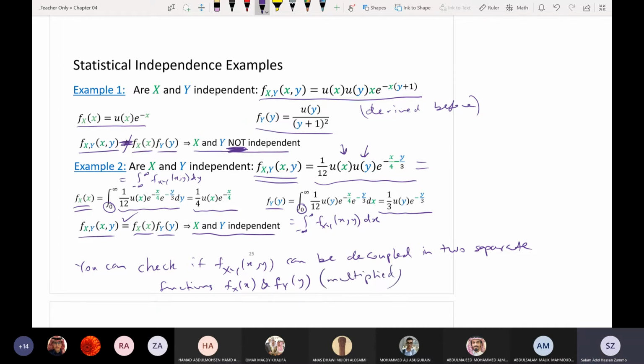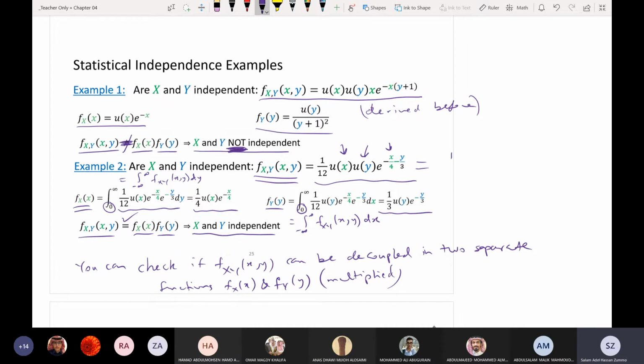ايش يعني؟ Let's see here. You can see that here I can decouple. ايش يعني decouple؟ افصل الاكس والواي. You can see that الشيء الوحيد بينهم اللي هو الاكسبوننشال. However, the exponential here can be separated into the product of two exponentials, right? Yes, doctor.